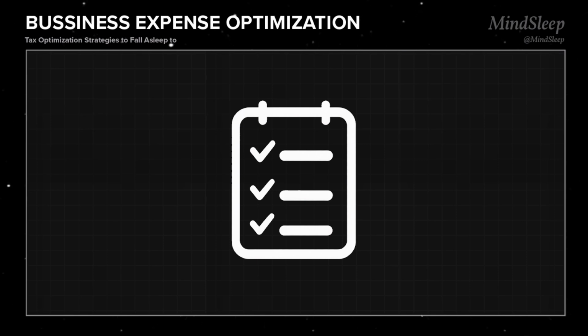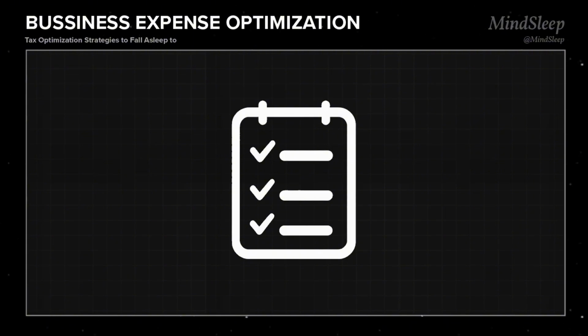This requires a blend of strategic thinking and narrative craftsmanship, weaving each expense into the larger tapestry of your business objectives. As we navigate these complex waters, it's crucial to remember that the goal of expense optimization is not merely to reduce tax liability, but to align your spending with your overall business strategy.